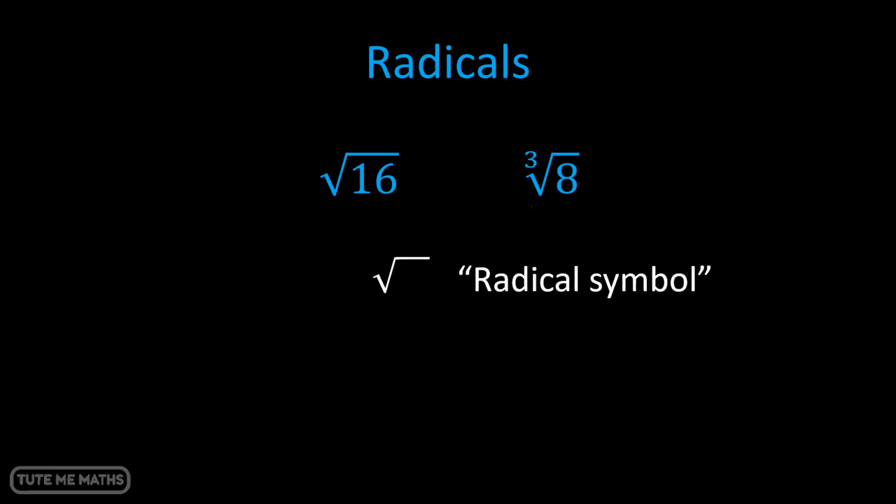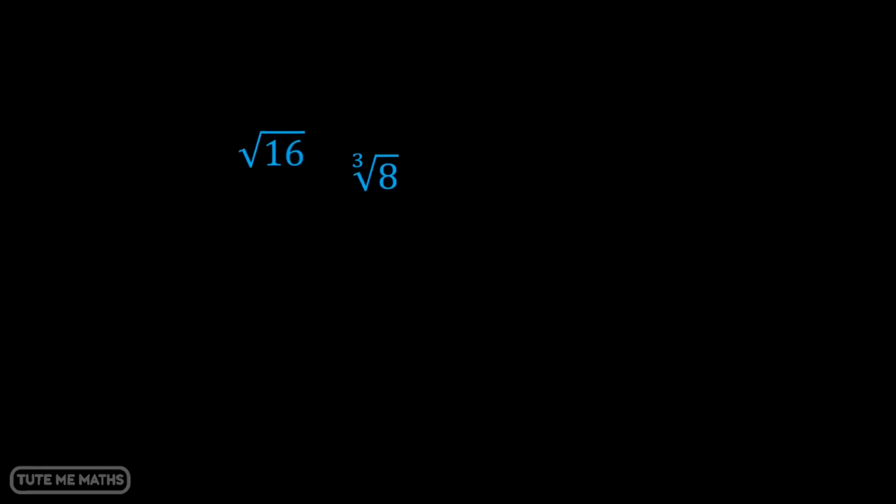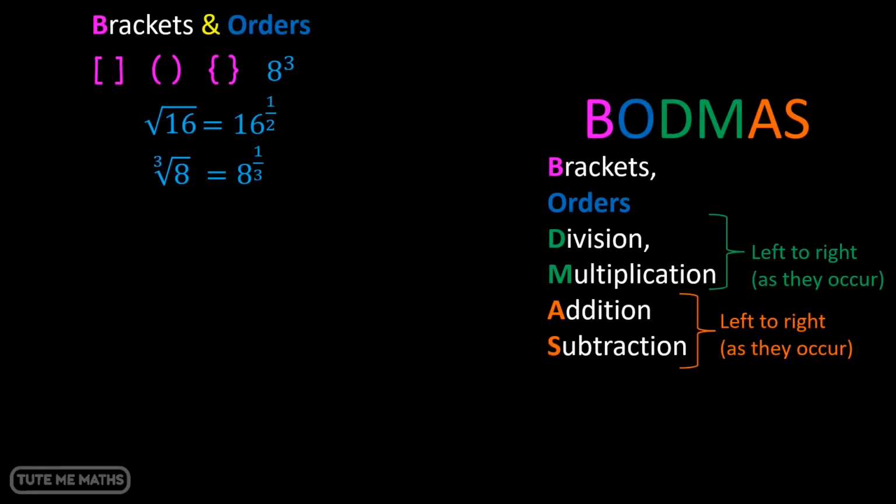The expression under it is known as the radicand, and the small value here is actually the index or power. When there isn't a number here, then it's really just a 2, but being the smallest possible case, we don't write it. You don't really need to know all this other than recognizing that these are also orders and thus need to be calculated during the orders step.